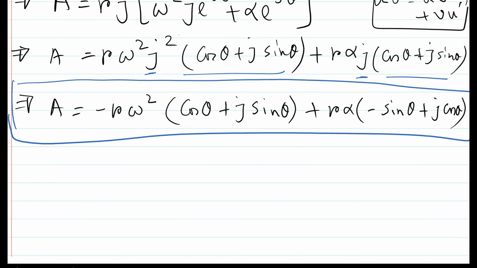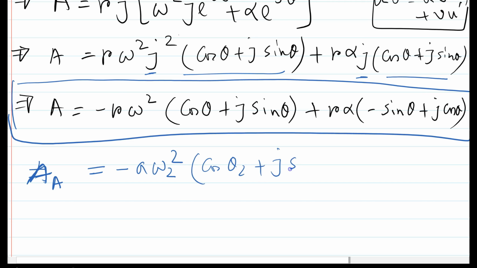If we want to find the linear acceleration for pin joint A, which is relevant to link 2, as you already saw a few minutes ago, we can just substitute the values. The linear acceleration of pin joint A, denoted AA, is negative A omega 2 squared (cos theta 2 plus j sin theta 2) plus A alpha 2 (negative sin theta 2 plus j cos theta 2).